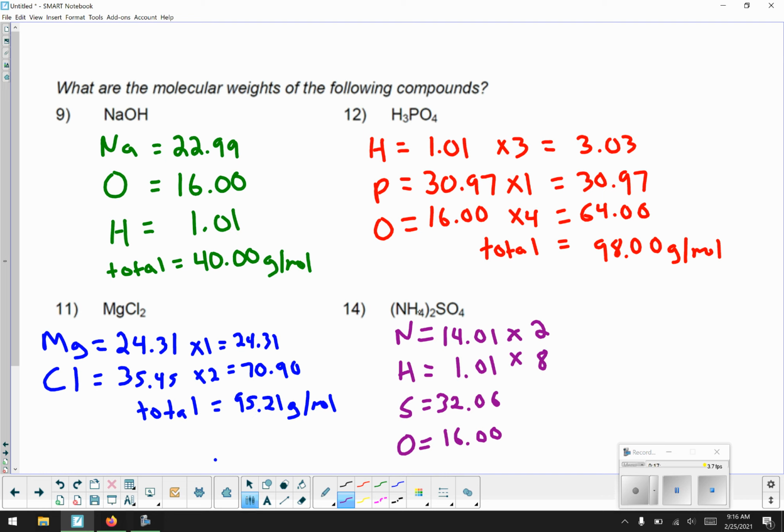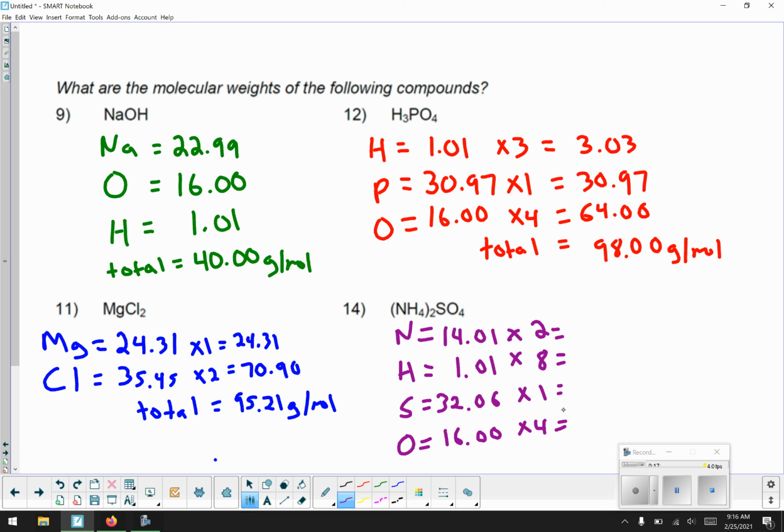So we have 4 hydrogens inside, and there's 2 of them total. 4 times 2 is 8. So it distributes in. That 2 distributes in. There's only 1 sulfur, so times 1. And there are 4 oxygens, so that's times 4. And then we simply do the math on that.